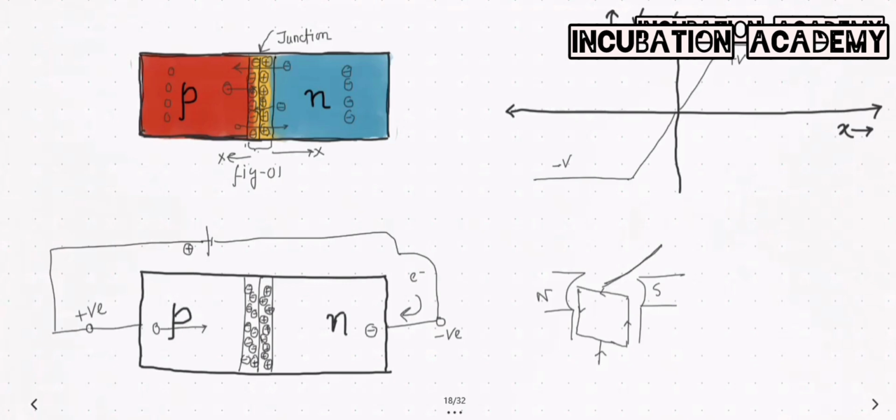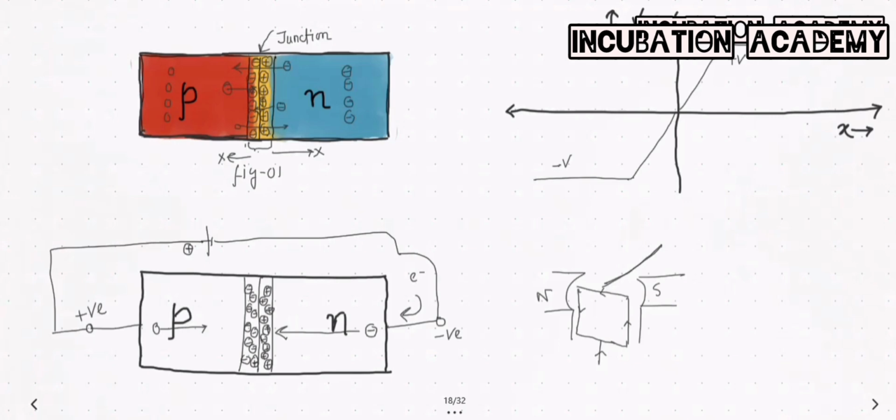So we can say very simply that the electrons from this side neutralize these positive charges, making the depletion layer width small, and the barrier potential has decreased.